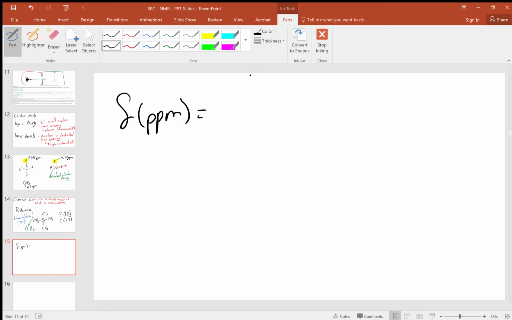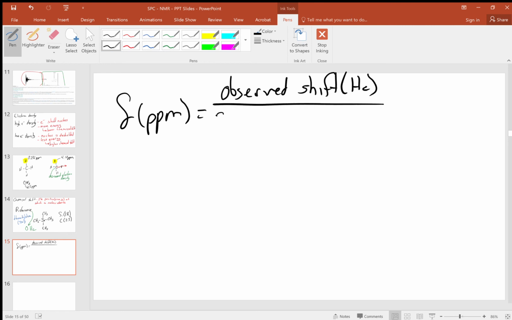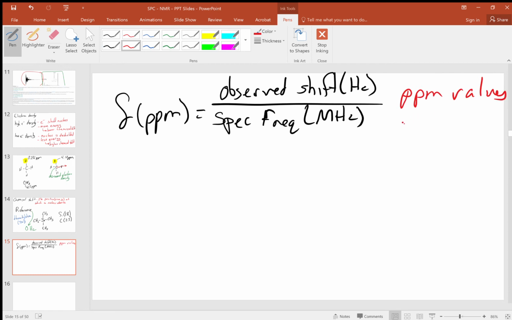We calculate that as the observed shift, which is in hertz, and we divide it by the frequency of the NMR, which is in megahertz. And these values that we get, the ppm values, are independent of magnet strength.